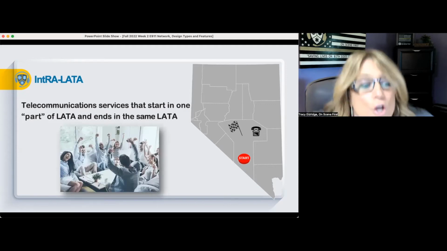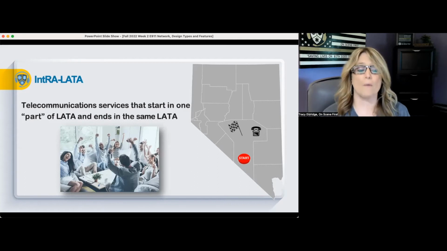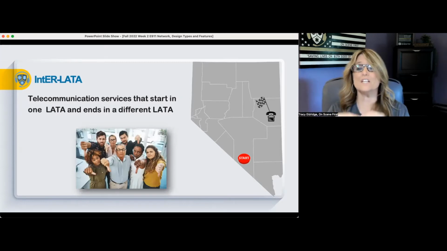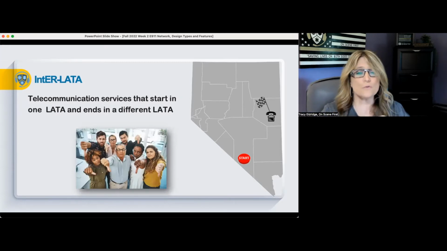When you think about it, I want you to think of a group, a team. You're in the team, rah, rah. It's silly, but you'll remember it this way. And then there's interLATA. Those folks are on the outside of our little group. They're on the outside of our town. They're on the outside of our county. An inter refers to the people that are not on our team.